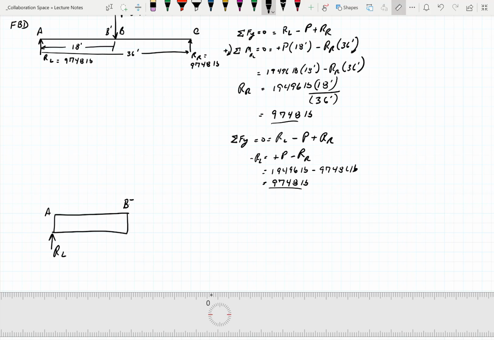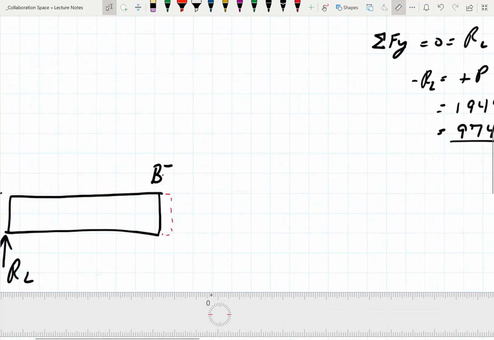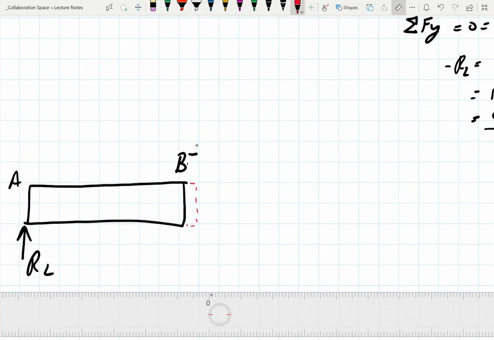So someplace out here, I think I'll do it like this, we'll put a red line. There's just a little bit of material left out here, okay? And that means we have this fictitious force out there, P, and that's really at B.